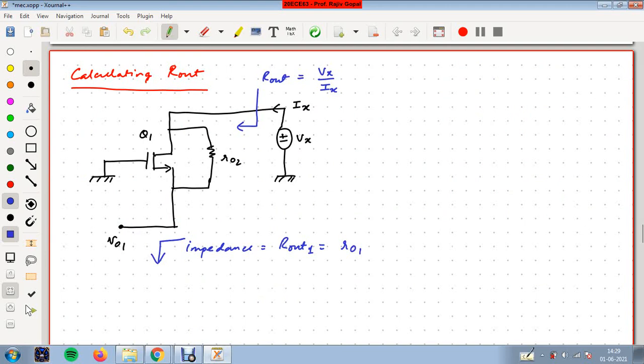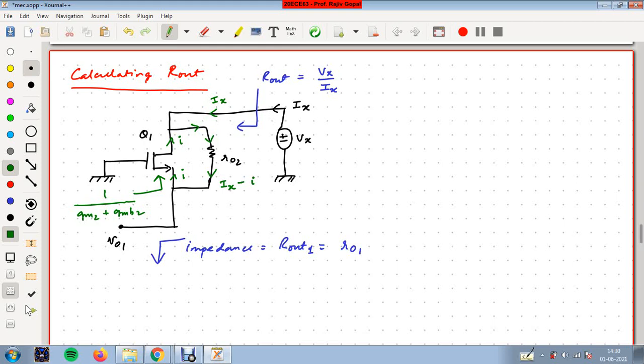So simple. Okay, so if I have Ix flowing like this, right? If you remember, this impedance seen in this direction is 1 by GM2 plus GMB2, right? And since V01 is here, current will flow like this, I will flow like this. Okay, so the current seen in this direction, that is actually Ix minus I. Correct?